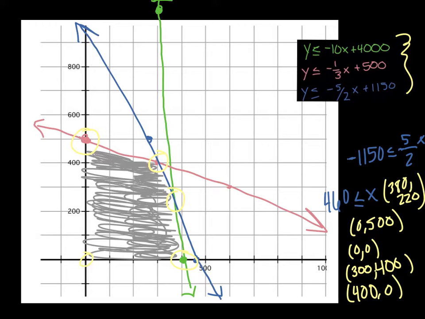So if you're going back and looking at that profit equation, and I'm running out of space, if you plug it into your profit inequality, which was profit should be less than or equal to 60x plus 50y.